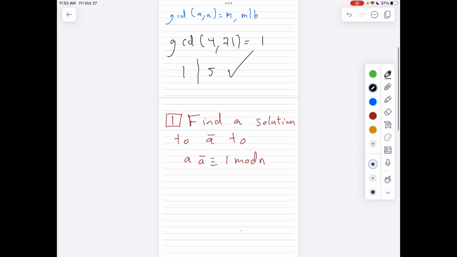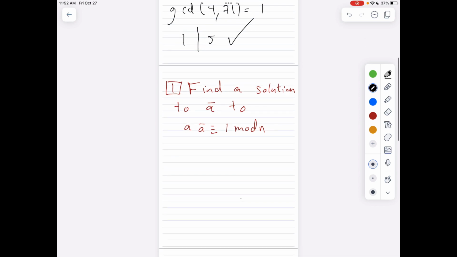mainly solving an equation, which is what you see here in step 1, which says find a solution to this equation, and that solution is this a with the little bar over it, a bar, let's call it that. And a bar satisfies this equation: a times a bar equals 1 mod n.